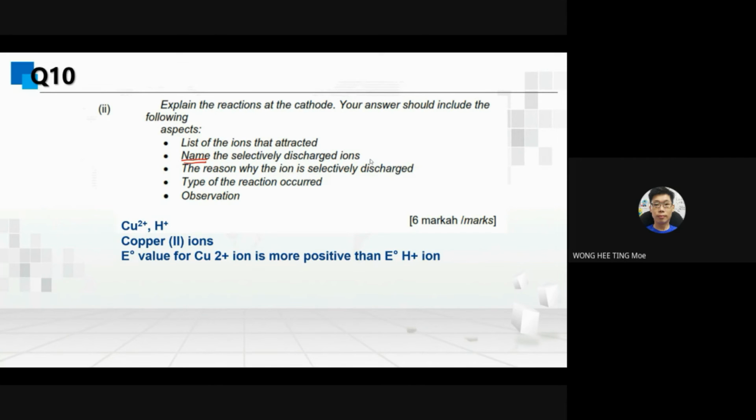And the type of reaction occurring at the cathode. Just now I mentioned to you, the cathode reaction is reduction. Then what is the observation? Brown solid deposited.